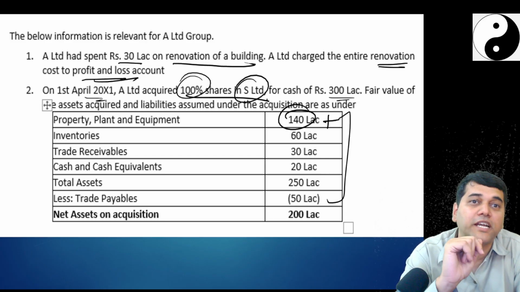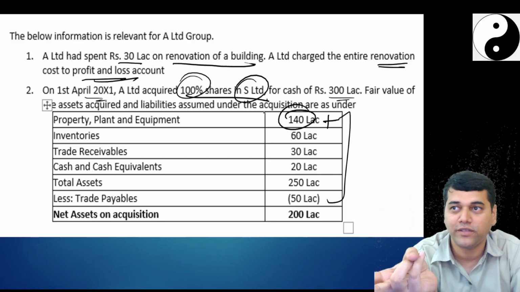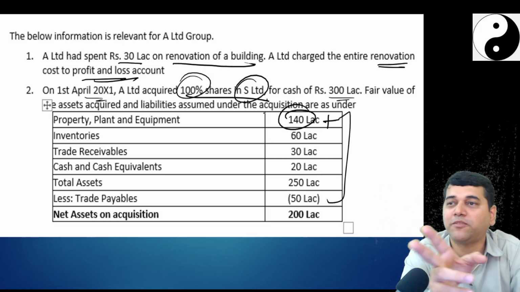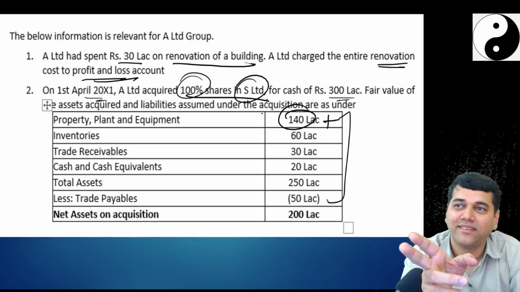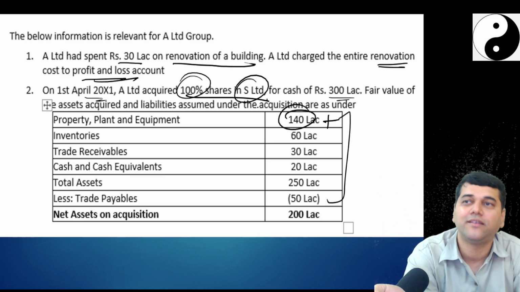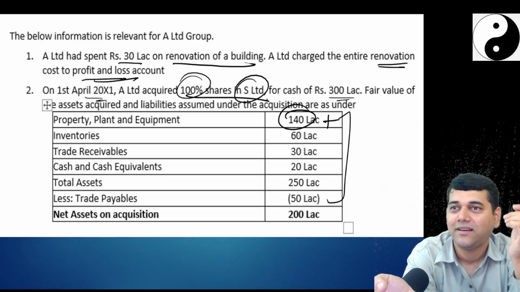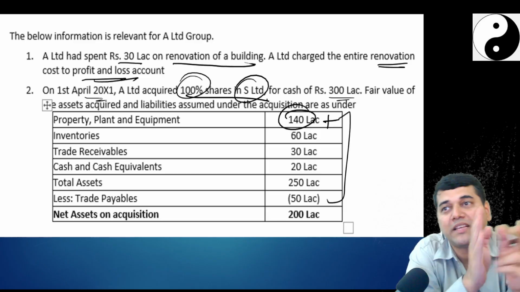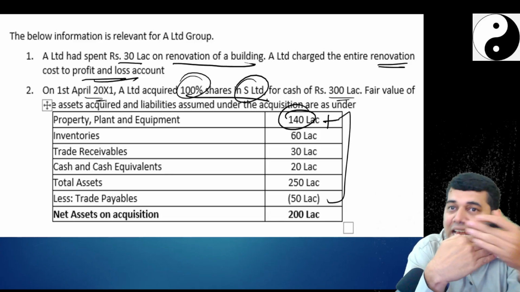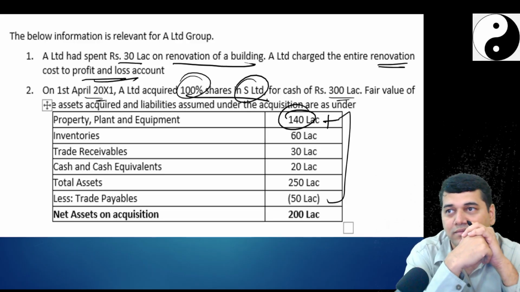In standalone financial statements you would have seen two investments, one as per Ind AS 27. But since they gave me a consolidated balance sheet, only investment in associate is going to come as per Ind AS 28. Why? Because the investment in subsidiary is going to get eliminated and all the individual assets will get added there.